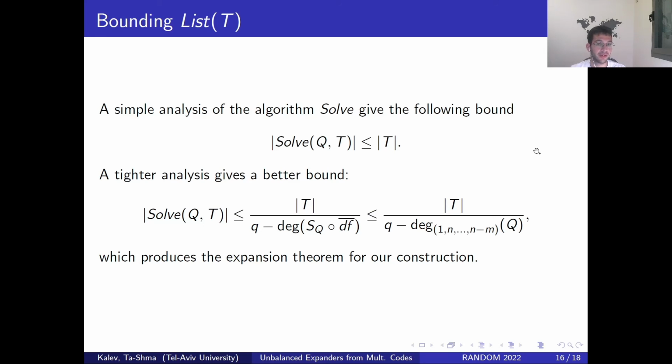Using this tighter analysis, which I will not get into here, we get that the size of the returned list is at most the size of T divided by q minus the weighted degree of the polynomial Q. And this produces our expansion theorem for our construction.